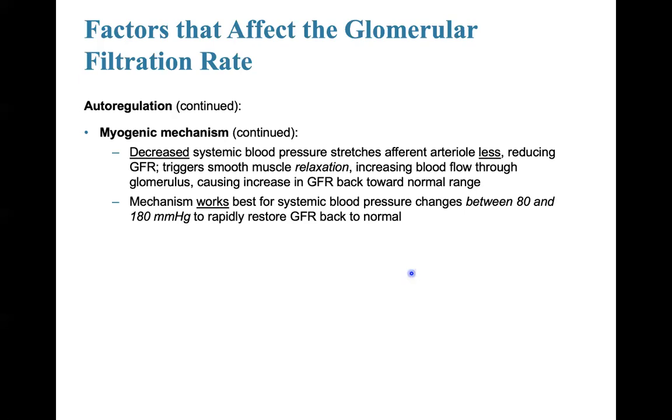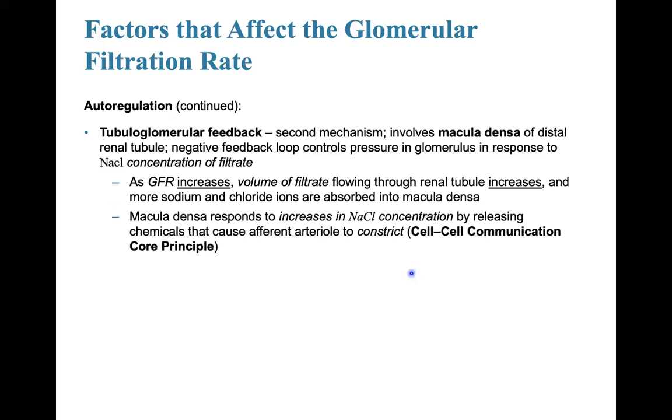This particular mechanism, the myogenic mechanism, works best for systemic blood pressure changes between 80 and 180, and being able to restore the GFR back to normal within that range.